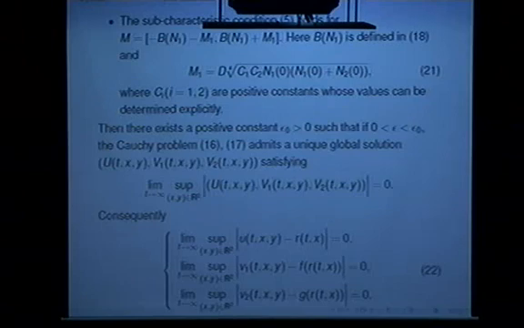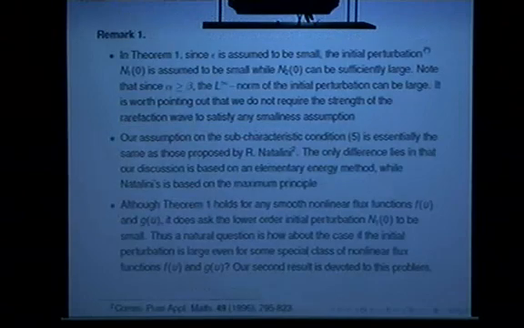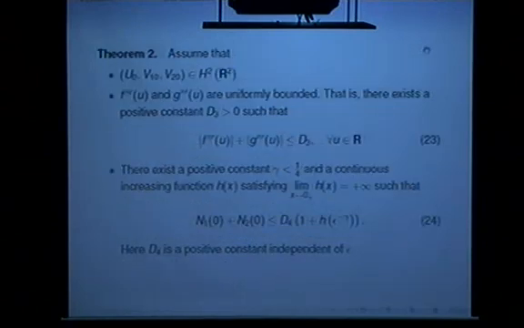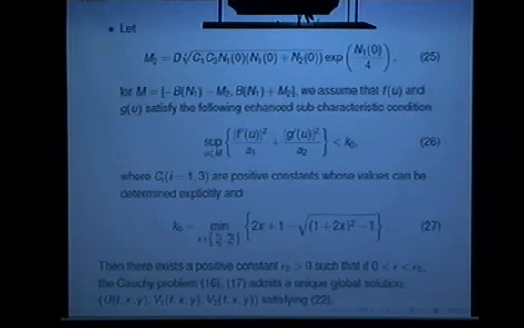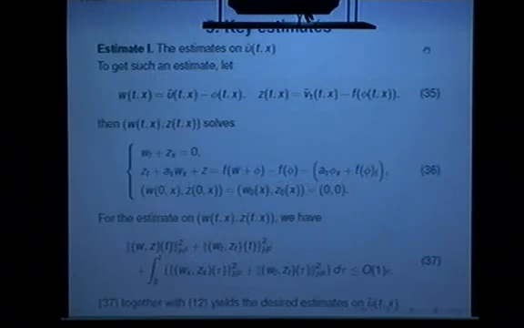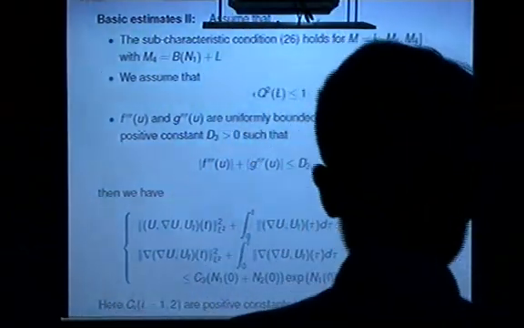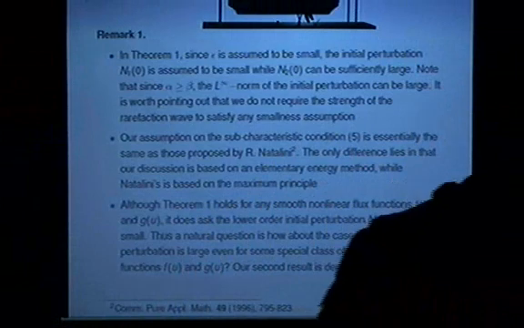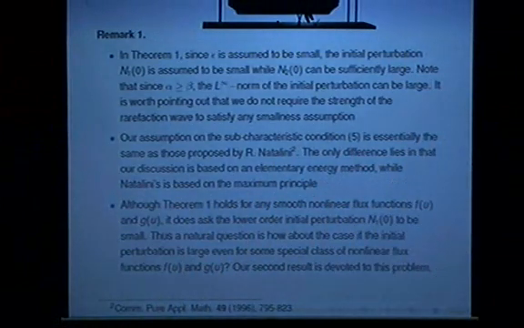Since we ask epsilon to be small, as we mentioned before, N10 is small, but N02 should be large here.